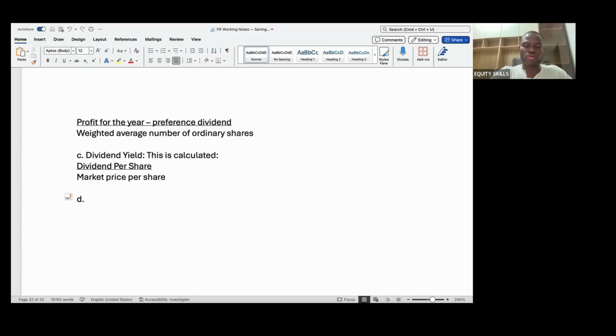Again, we can also look at earnings yield as well. Earnings yield, that means don't judge just by earnings per share. Judge by the yield. Judge by the yield.